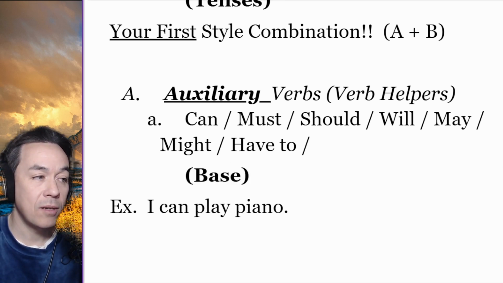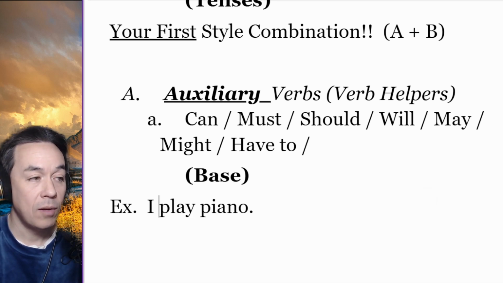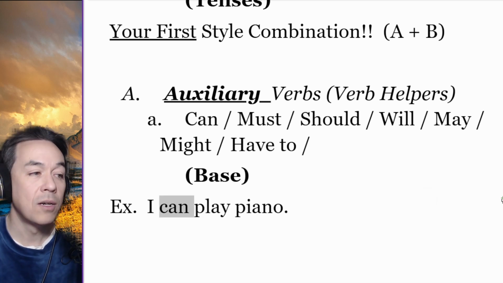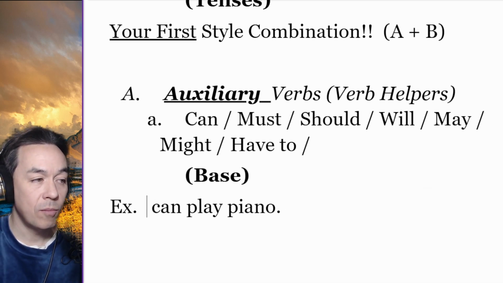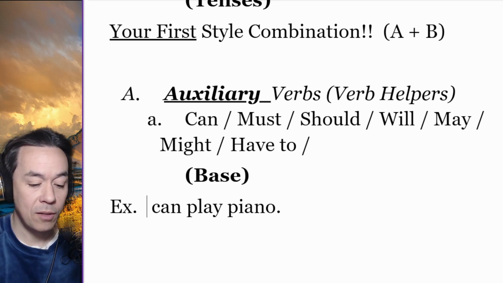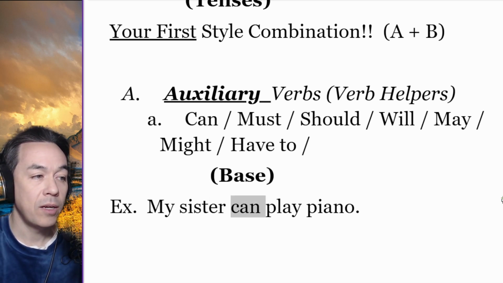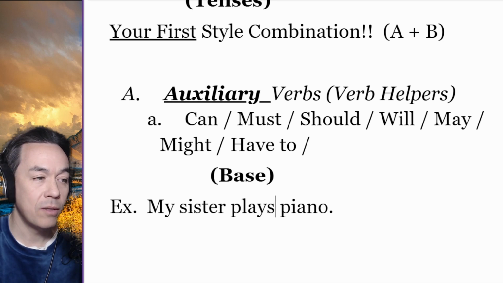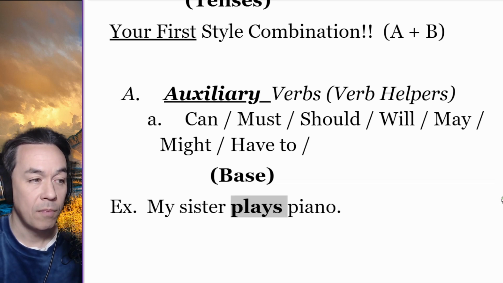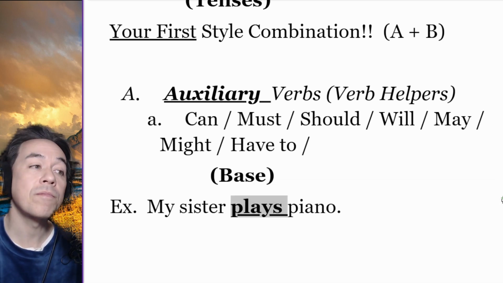Now, in this case, I is already I play, so that has no change. But if we change it to another subject that's in the third person, for example, my sister, okay, so if the can is gone, then we have to remember this changes to my sister plays piano.